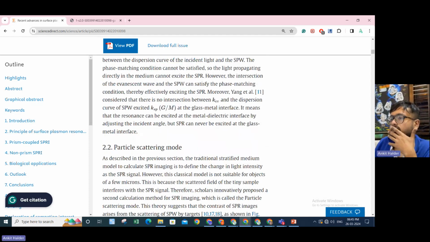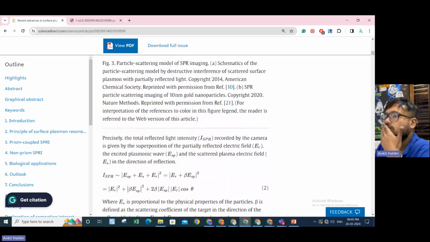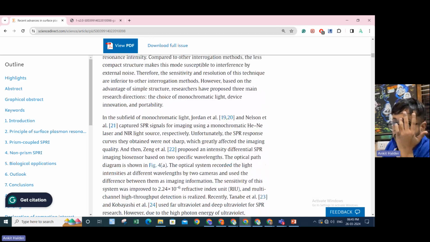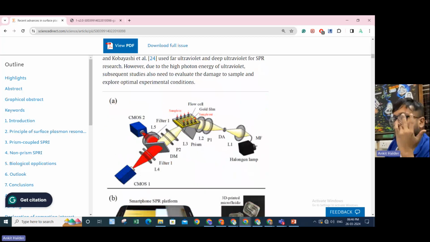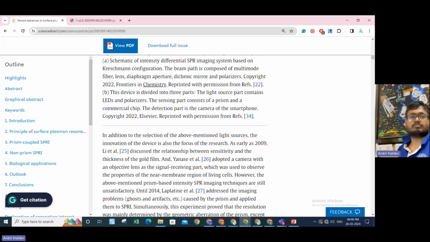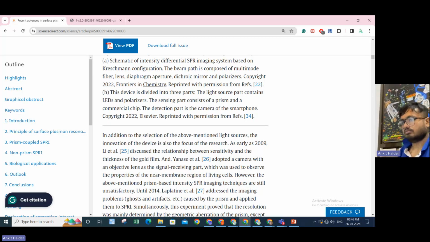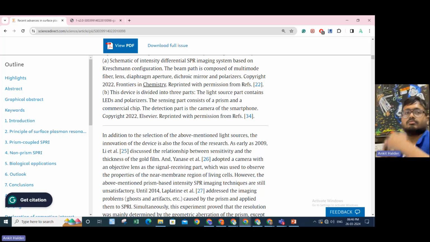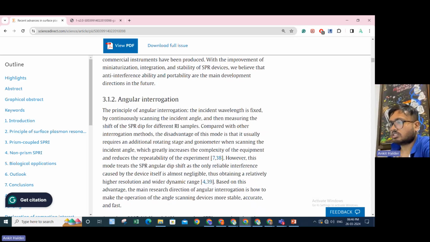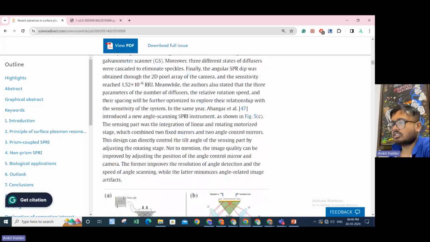So we won't go into this particle scattering method. This is more about the angles.